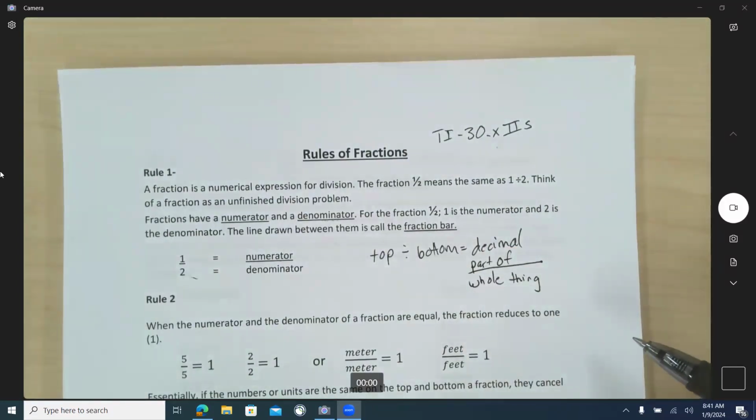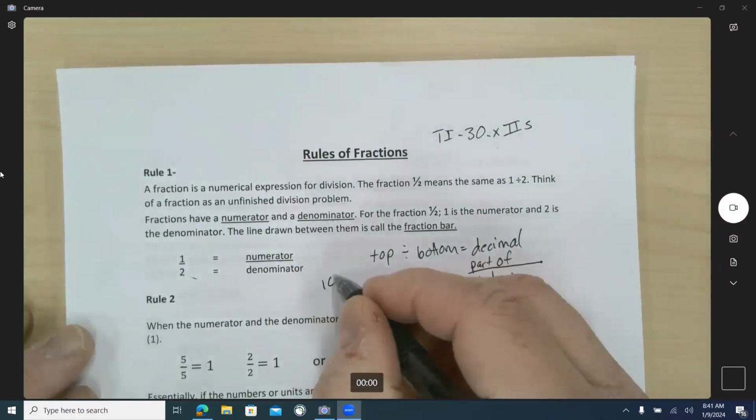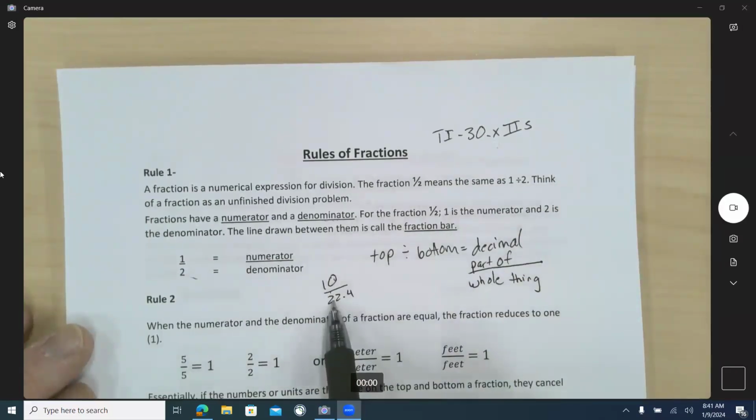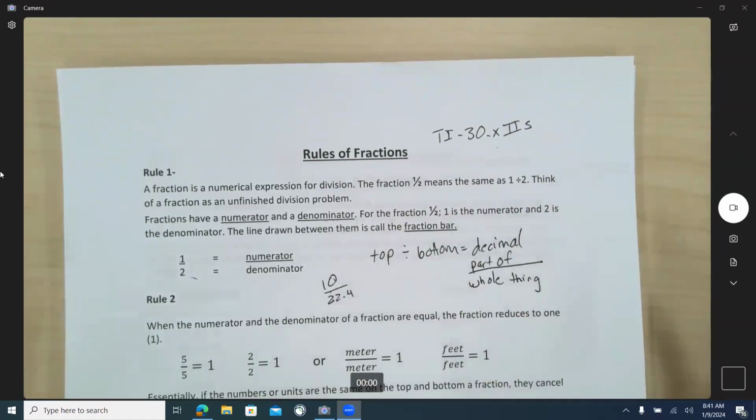So this could be in reference to anything. You could start to think like, well, my truck has a 22.4-gallon gas tank in it, right? And if I have, let's say, 10 gallons in it over the 22.4, do you have part of the whole? This is really what a fraction is, understanding that the bottom is the whole thing in reference to whatever you're referring to.